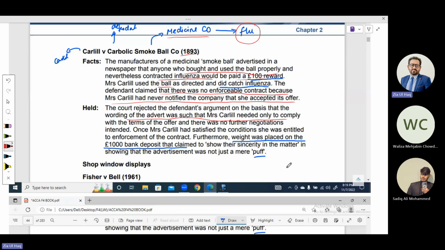And they advertised clearly, if anybody caught influenza by using our medicine, we will pay £100. So this advertisement is an offer rather than an invitation to treat.